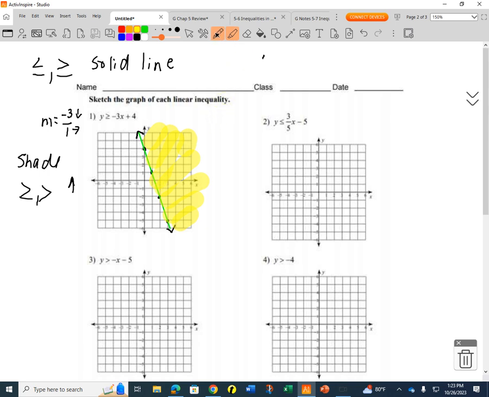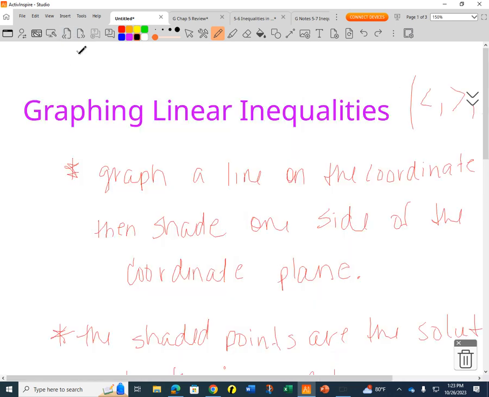Now here's one other thing I didn't tell you. So we're going to go back to our notes page. When it's a solid line, any point on that line is part of the solution. So we're indicating by the fact that it's solid that those points are shaded. So let's go back to our notes and add that.